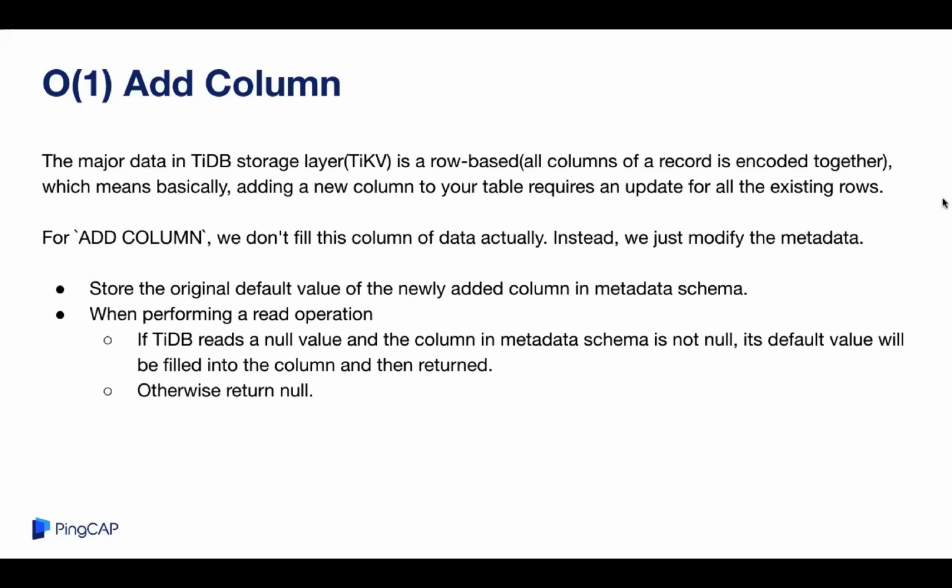Instead, we just modify the metadata. And when we read the actual data from storage, if we find that the data for the newly added columns does not exist, we fill it with the default value or null, depending on the definition of the newly added column.